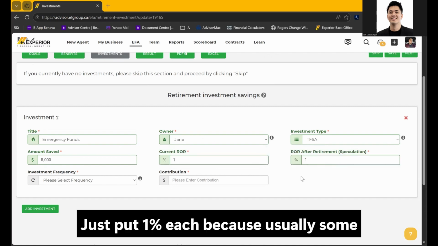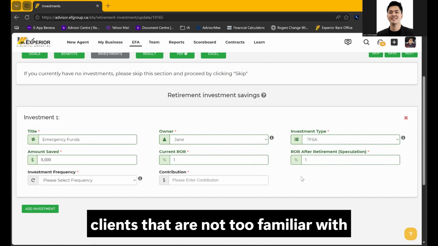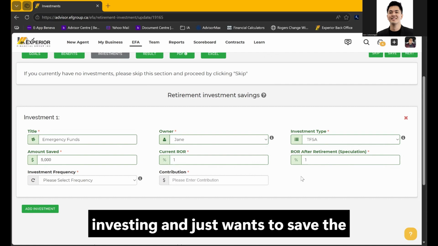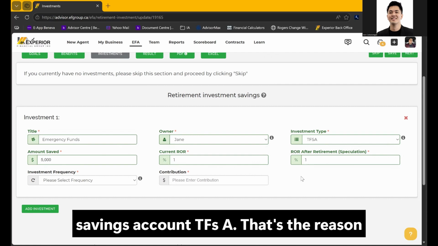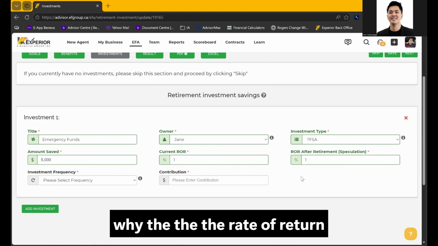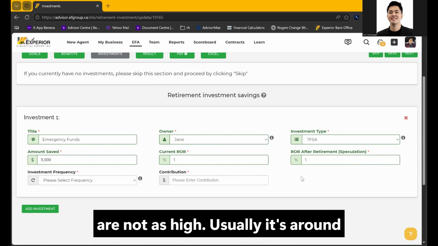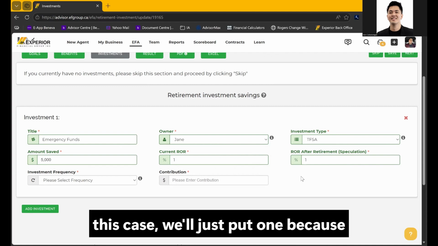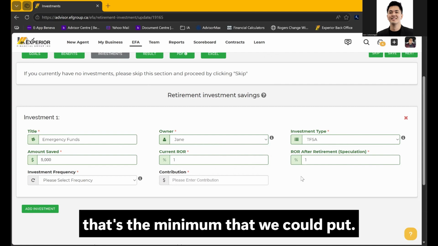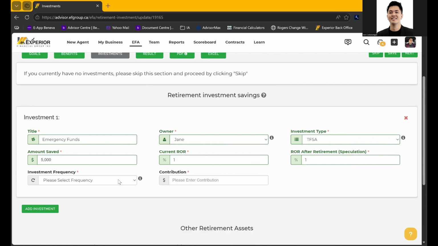Because usually, some clients that are not too familiar with investing and just want to save, the bank usually puts them in a traditional savings account, TFSA. That's the reason why the rate of return is not as high. Usually it's around 0.05% or 0.5%. But in this case, we'll just put one because that's the minimum that we could put.